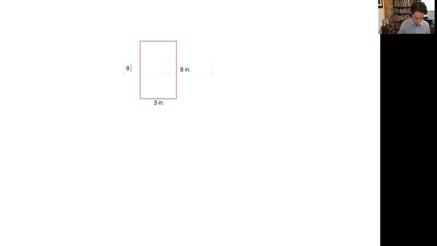So let me just write that in. The bottom measures 3 inches. Well, what about the top? They are opposite sides, so they have to be equal. So if the bottom is 3 inches, the top must be 3 inches, right? So let's write that in.